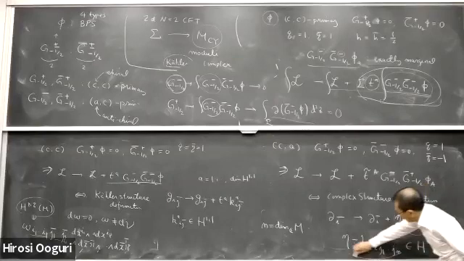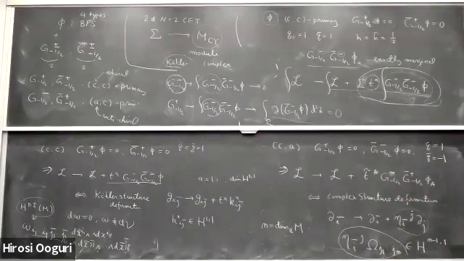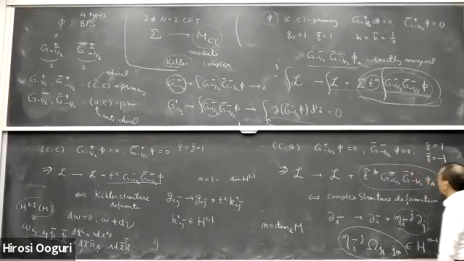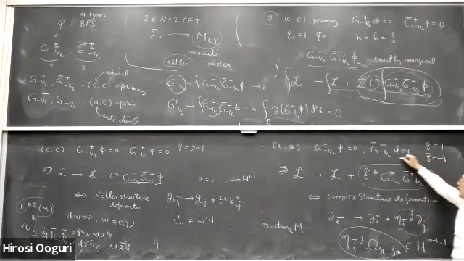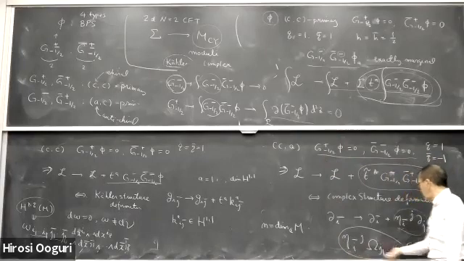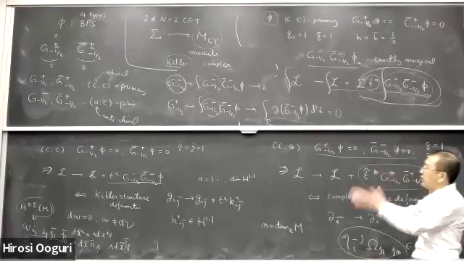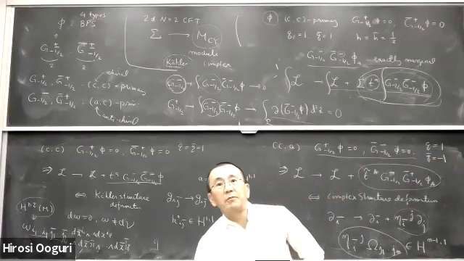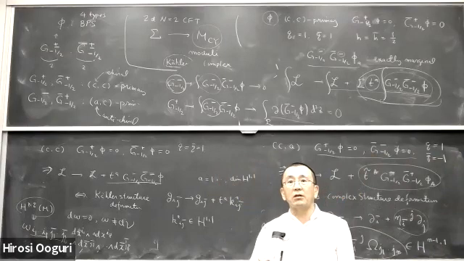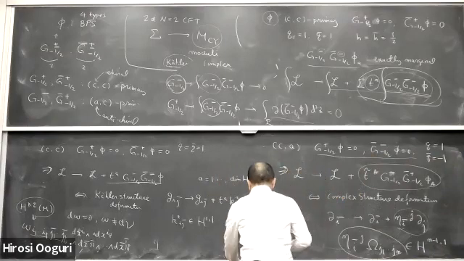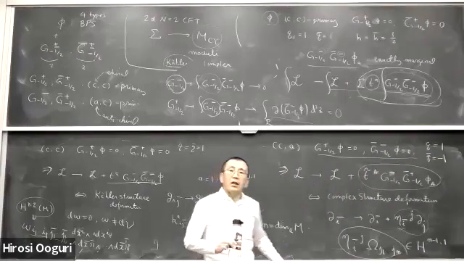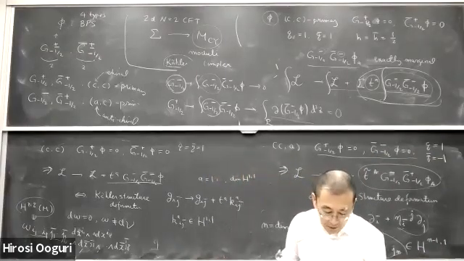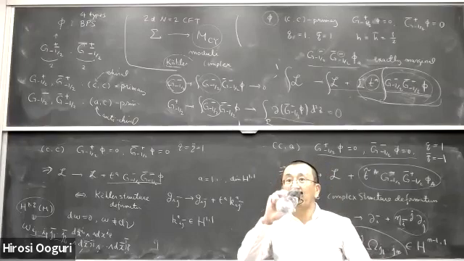And if this belongs to this element, then you can actually generate a non-trivial complex structure deformation. And you can actually show that there is a one-to-one correspondence between solutions to this equation and the elements of this cohomology class. So you see that you can use this primary field to describe deformation of the sigma model. Any questions?